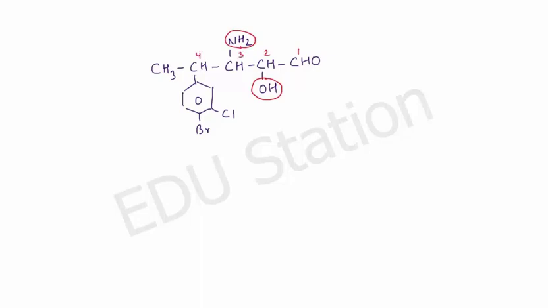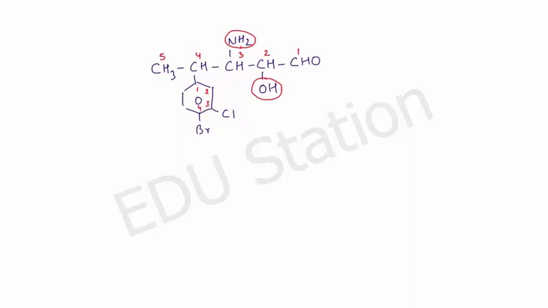So this will be your order. Now if you observe, on the fourth carbon this ring is attached. If there was no chloro or bromo, I would have simply written 4-phenyl. But in this case, on the fourth carbon you have chloro and bromo, so this becomes a complex. The carbon of the ring which is directly touching the principal chain will become 1, 2, 3, 4.